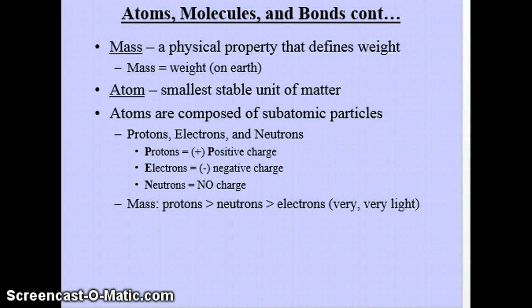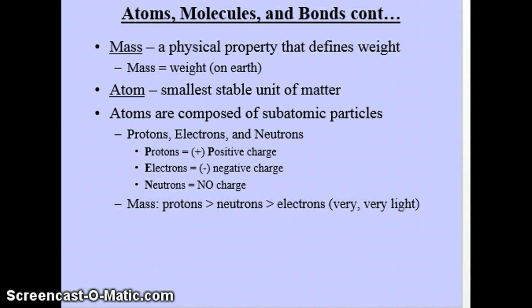So if a cell is the smallest living thing, then anything smaller than it, or anything that makes it up, is not living. So atoms, therefore, are not alive. They are stable units, in fact, the smallest stable unit, but they are not alive.